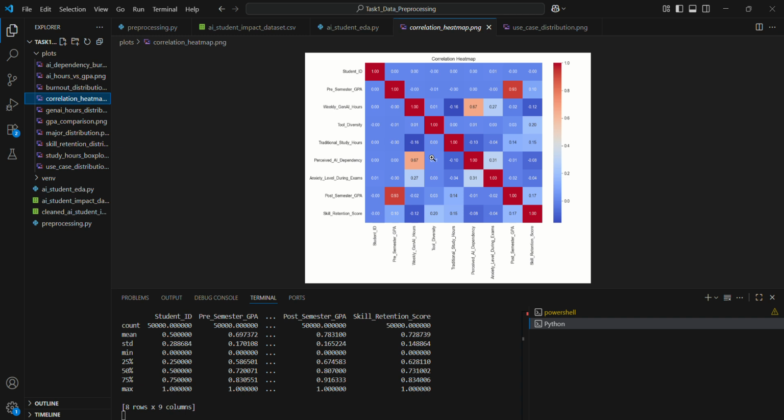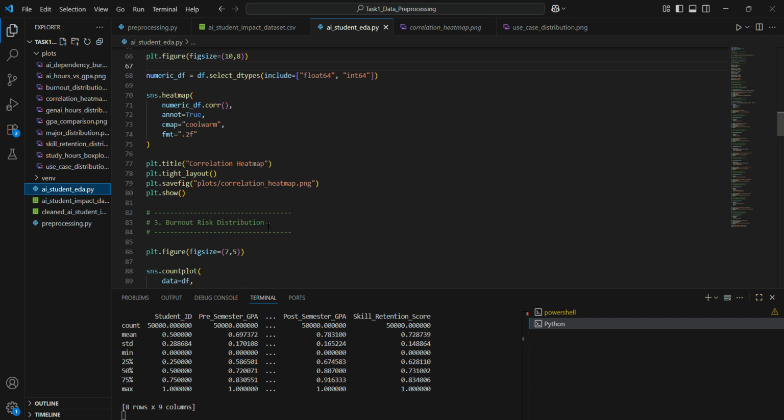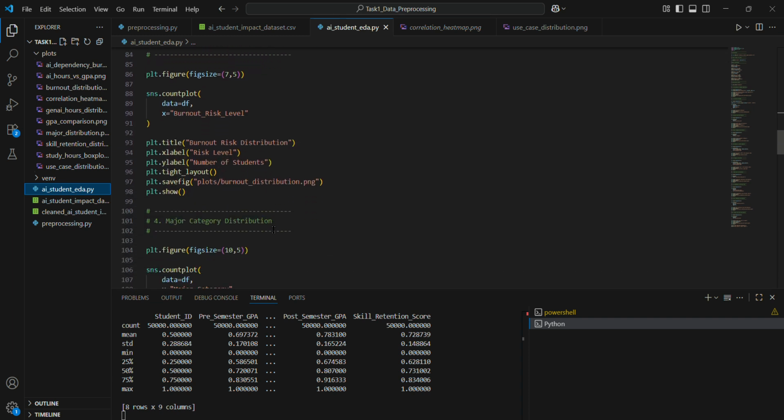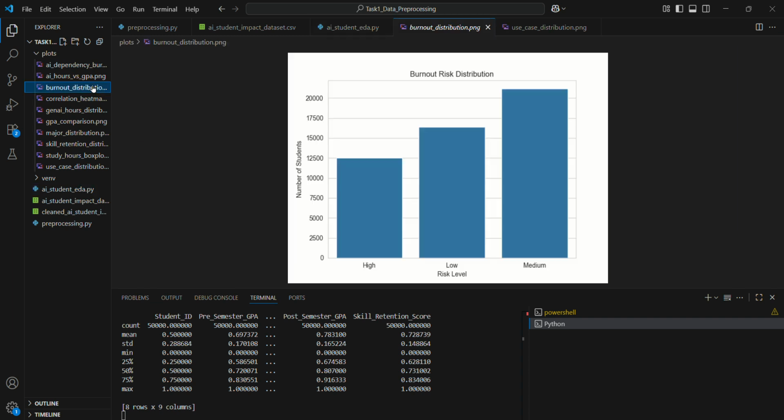All right. Now we come back to our Python file again, and we have printed the burnout risk level. So the burnout risk distribution can be seen here. It's a bar graph, right?